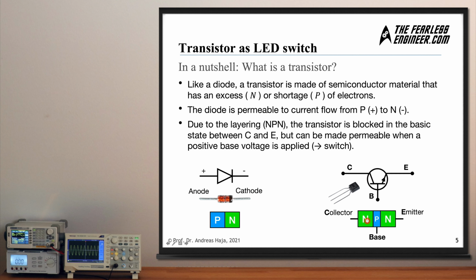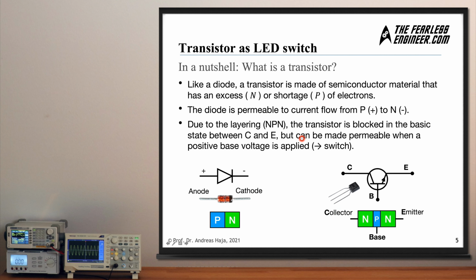And if the base has no connection to voltage, and we only have, let's say, positive connected to the collector and negative connected to the emitter, no current is going to pass through this P section here. And as soon as we put a sufficient voltage level to the base, then this part between N and P and N becomes conductive, and then we can observe a current flow from the collector to the emitter.